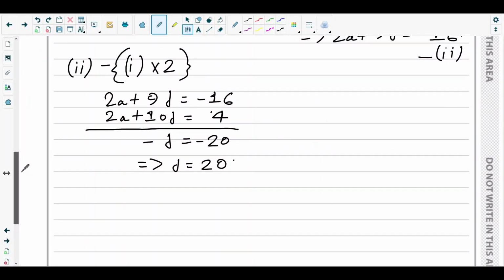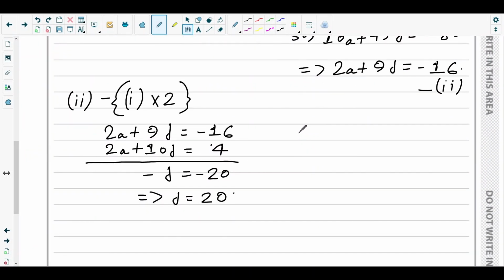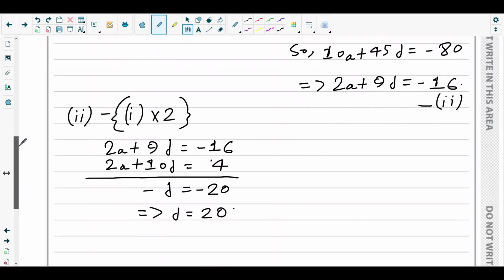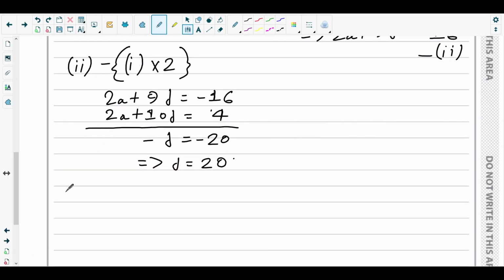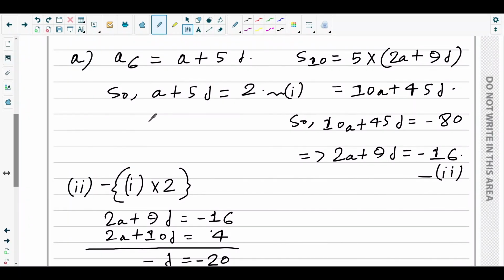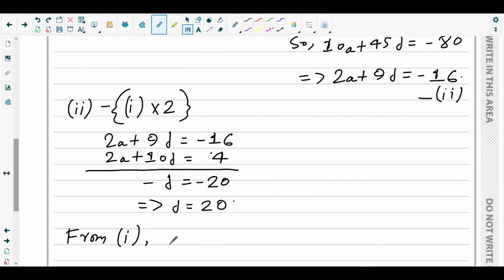This is 20. Now we need the value for a, the first term. We can get it from the first equation, with d equals 20. So let's put d in this equation. So a equals 2 minus 5 times 20. 5 times 20 is 100.